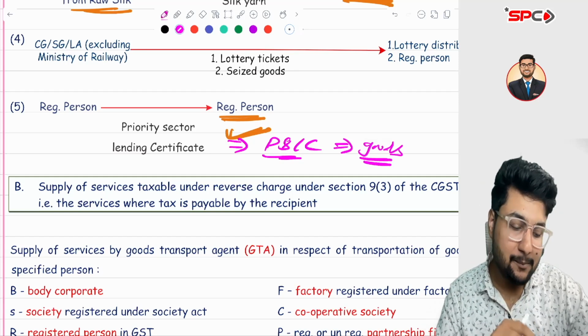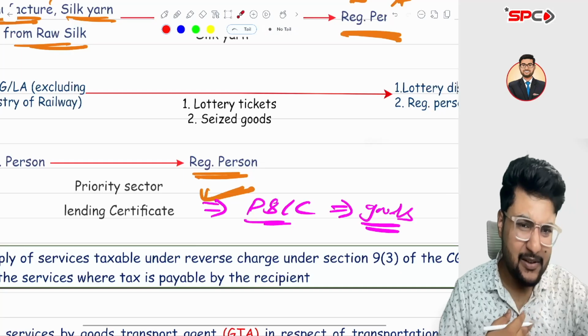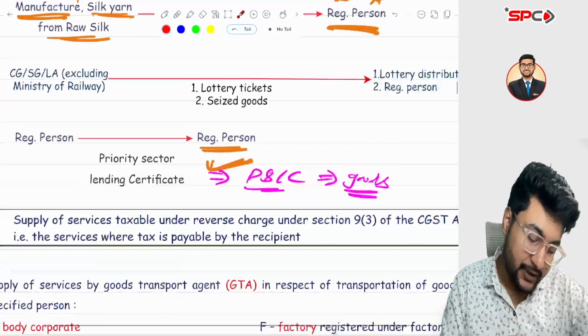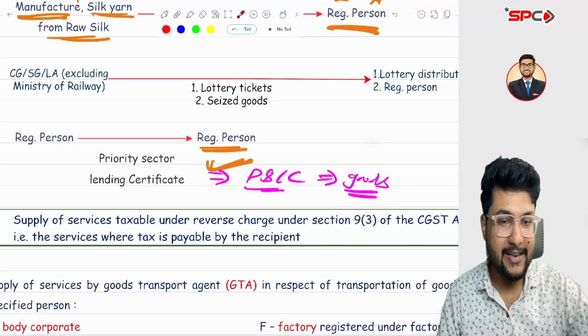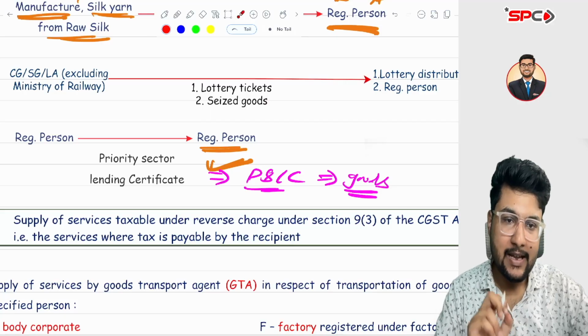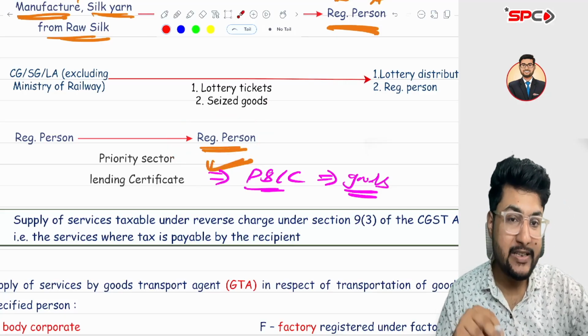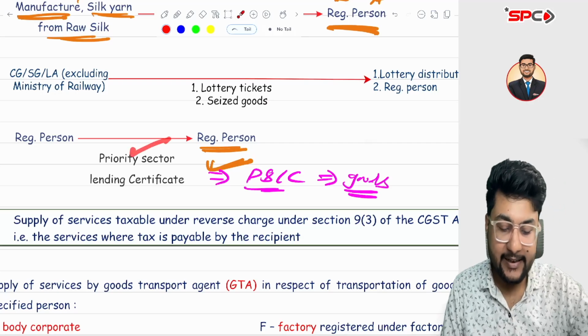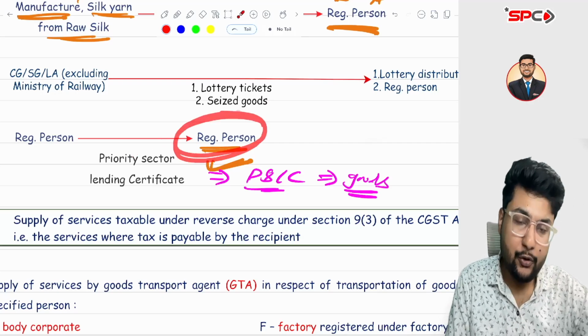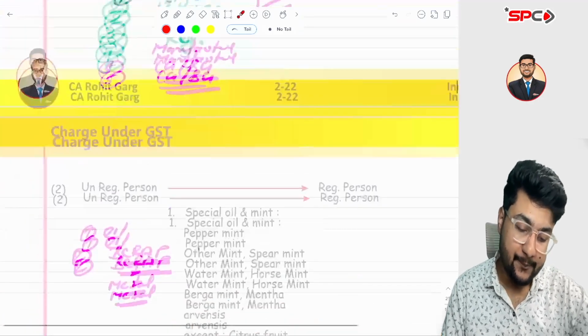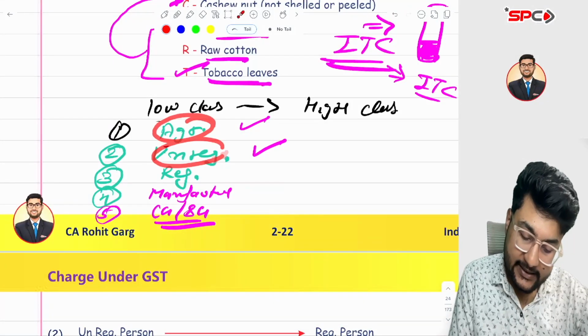But in that case it will charge something, right? So it is a supply of goods. Any amount charged for it is a supply of goods, and in that case the receiving bank who receives the priority sector lending certificate will have to deposit the tax to the government. Okay, now agriculture is unregistered, registered is clear.